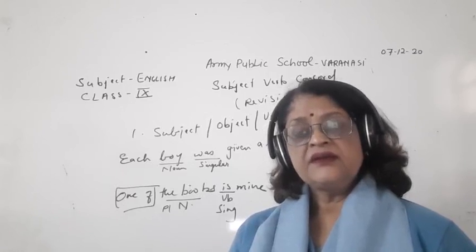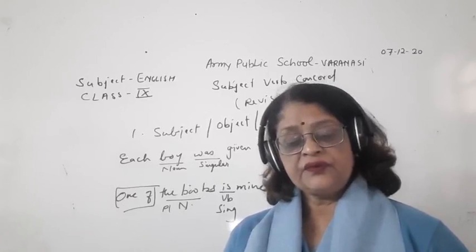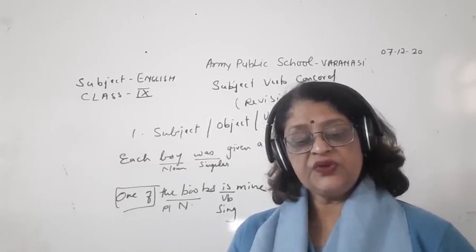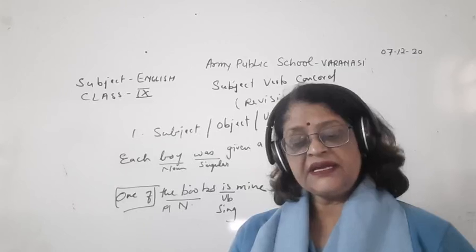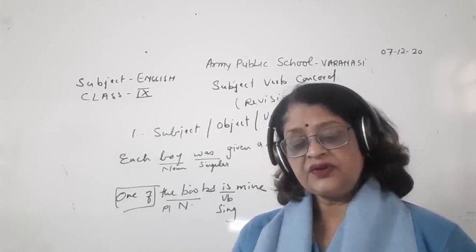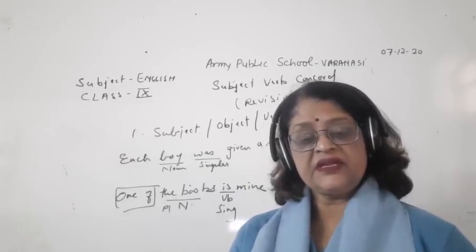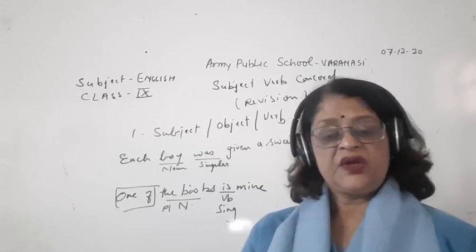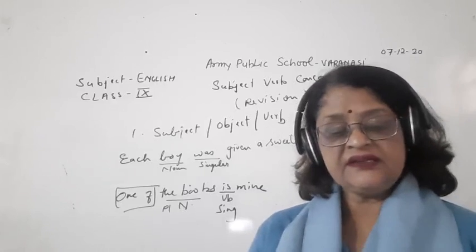Now children, a new rule which I am going to teach you. When two nouns are linked by either or, neither nor, the verb agrees with the later noun. Now just try to understand this.